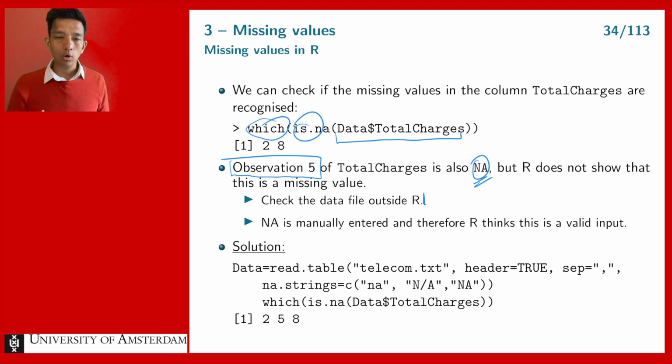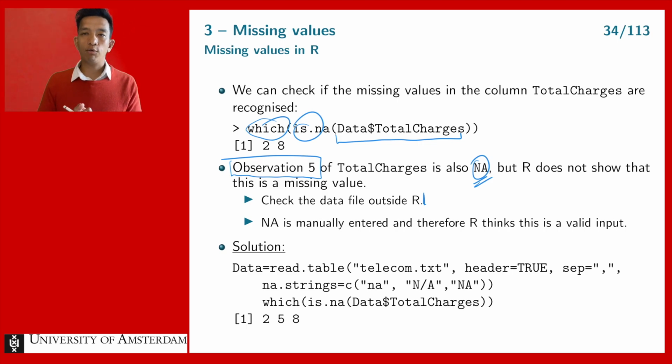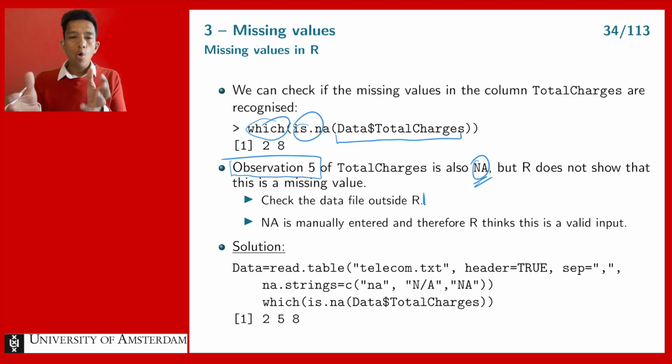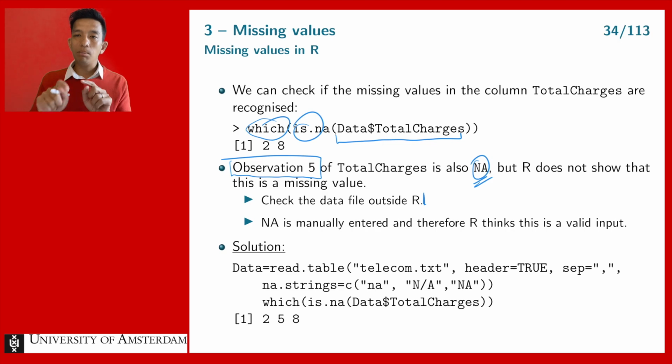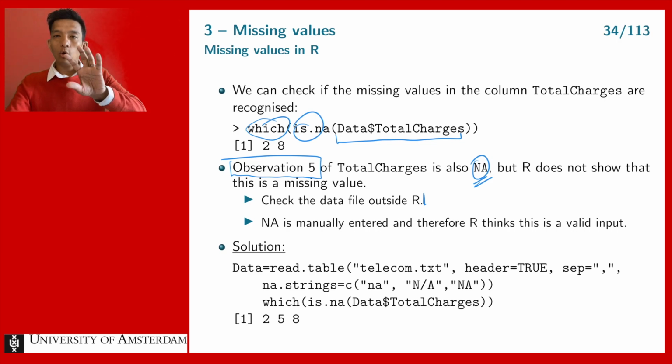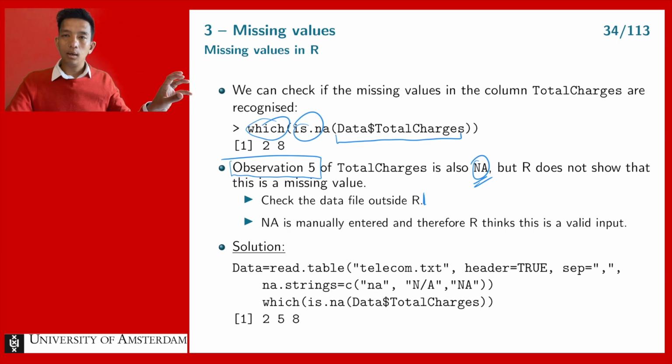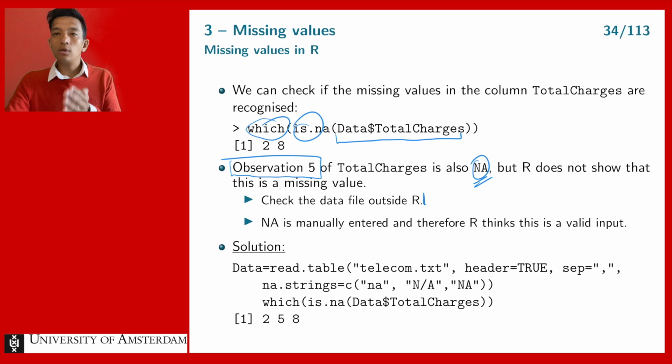But assume that you looked into the Excel file, you see this cell with total charges for that observation is empty, and you type NA into that cell. If you then read your Excel file in R, R will say, well, there is something in the cell, and that is NA.